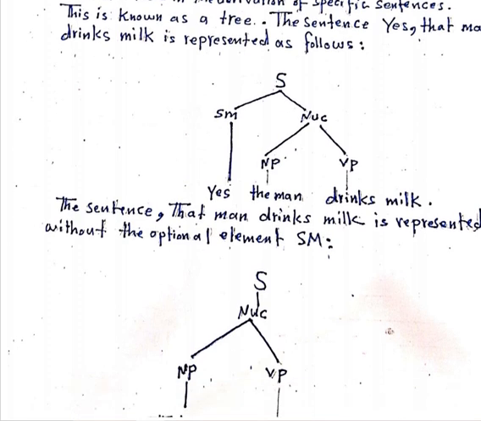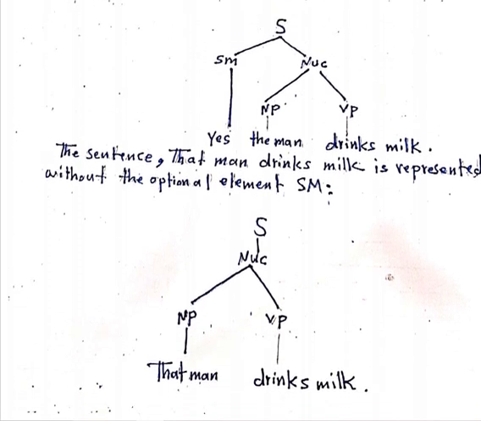So when we look at this tree: sentence modifier, yes; nucleus, noun phrase, the man, verb phrase, drinks milk. But in this other tree: sentence, nucleus, noun phrase, verb phrase.